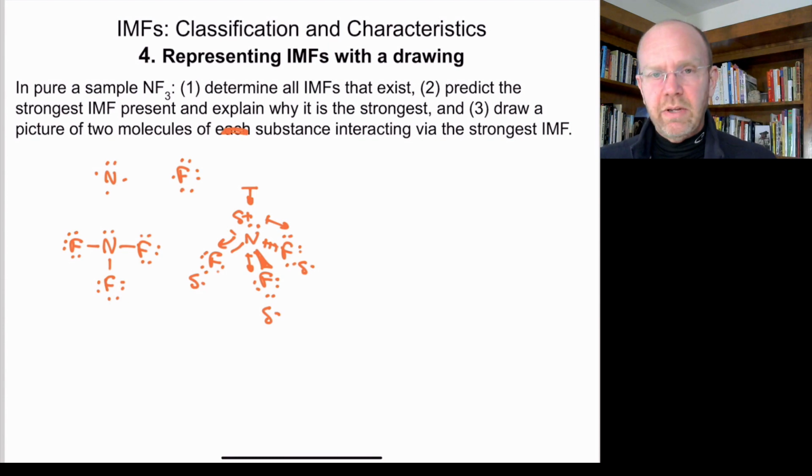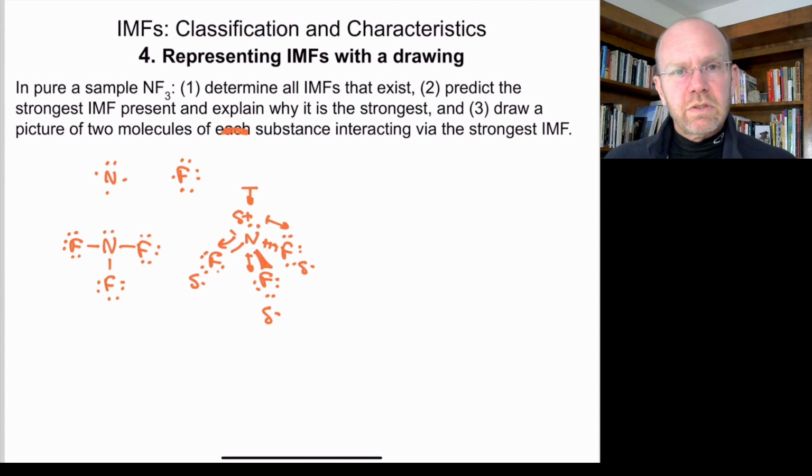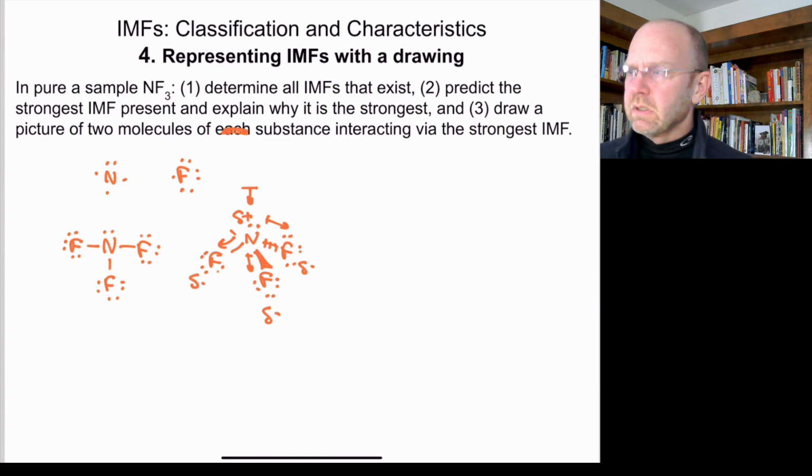So the 2 forces I would predict here are dispersion and dipole, and between them, dipole forces seem like the strongest, so I would estimate that's the key intermolecular force in this molecule.